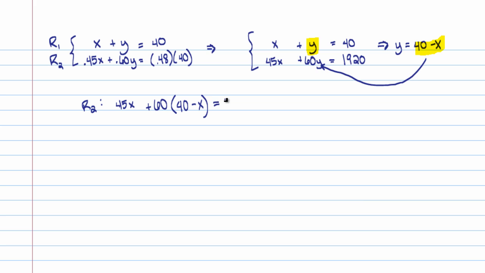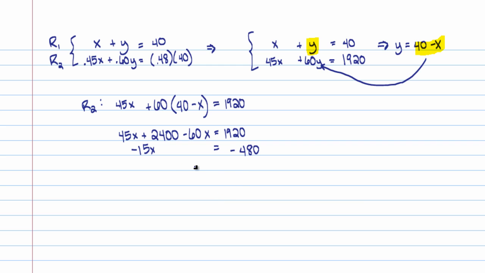And it's all supposed to equal 1920. Now I can easily solve this. It'll be 45x plus, I think that's about 2400, minus 60x is equal to 1920. Let's see, 45x minus 60x is a negative 15x, and I'll subtract 2400 from both sides while I'm at it to get negative 480.